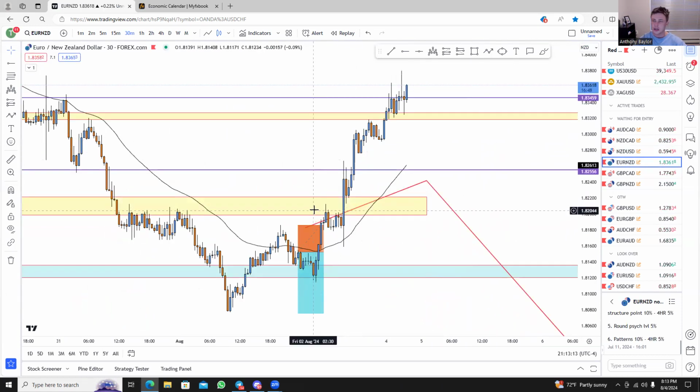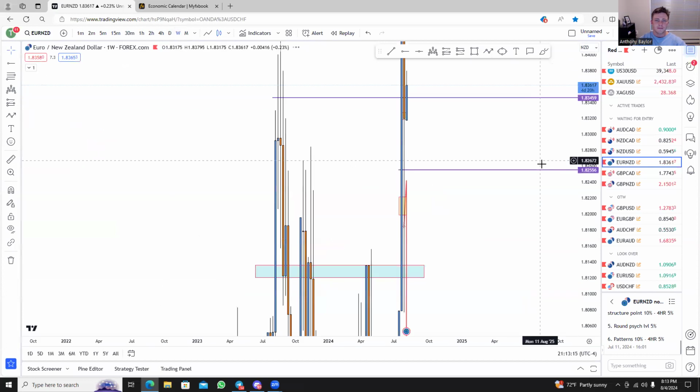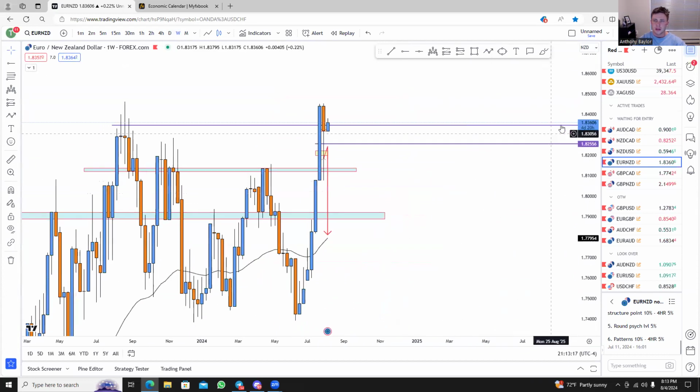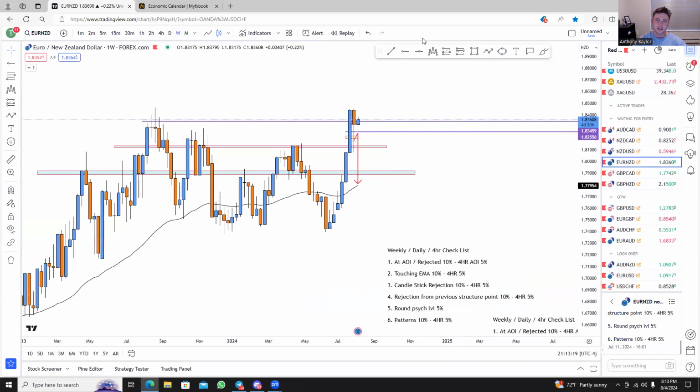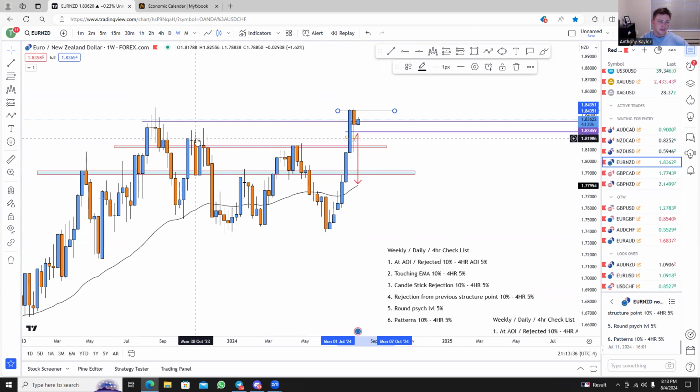All right. Euro NZD. We are at, okay, obviously here is bullish, higher high, higher low, shift to structure here, or yeah, I'm bullish. So this was your previous higher high, higher low, higher high, higher low.